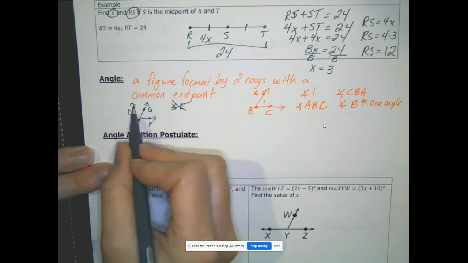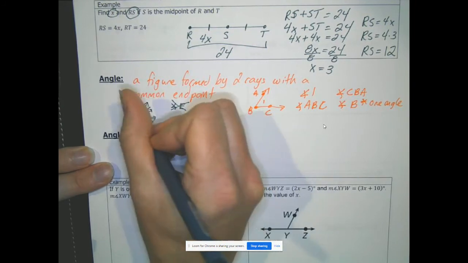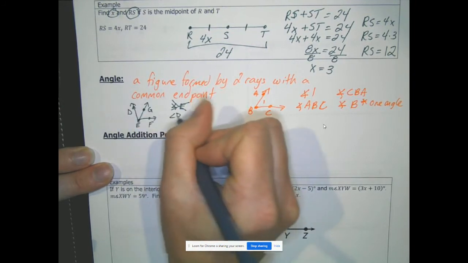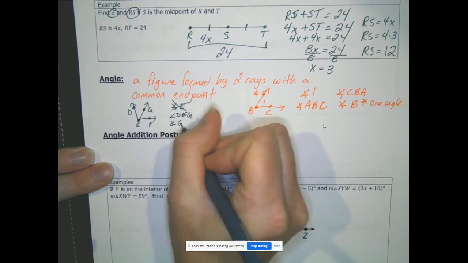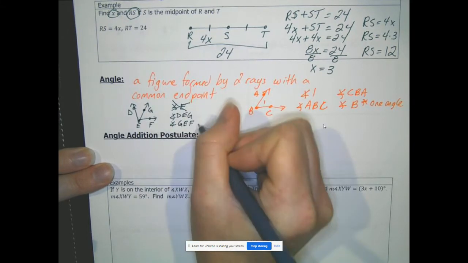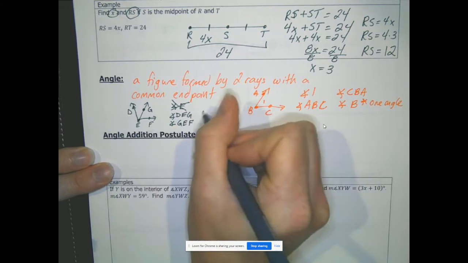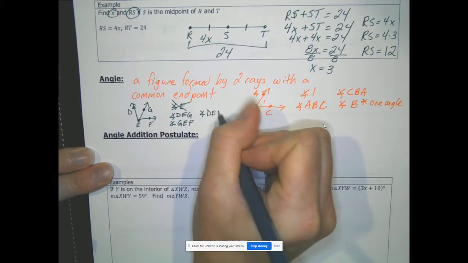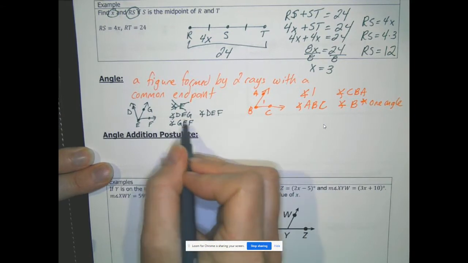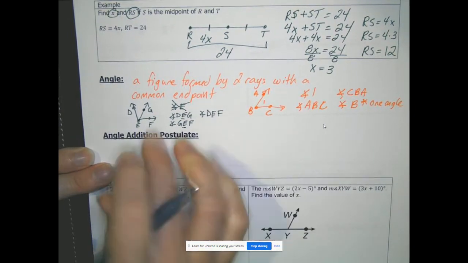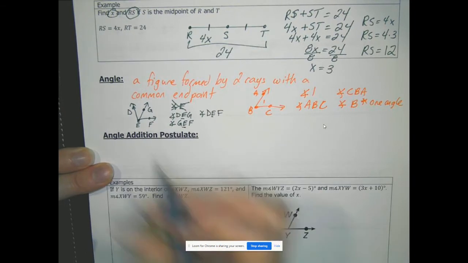Which angle E are we talking about? Are we talking about angle DEG? Angle GEF? Or angle DEF? Okay, there are three angles there that have your vertex of E. So with multiple angles, you cannot name with one letter.